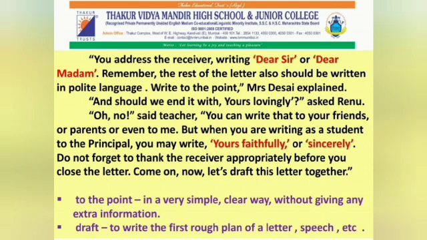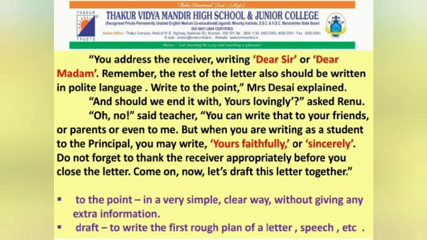And if we address a female, we write Dear Madam. Now after the salutation comes the rest of the letter, which is called the body of the letter. Mrs. Desai explains that we must use polite language and it should be written to the point. To the point means without giving extra information, as it is a formal letter.